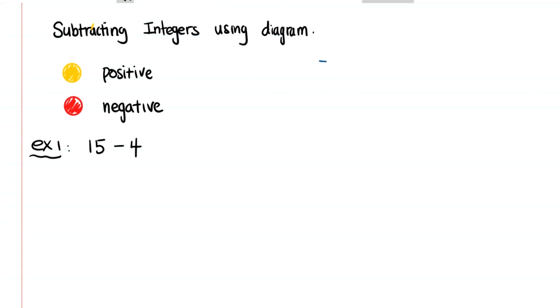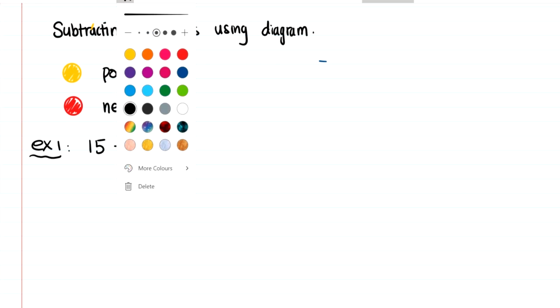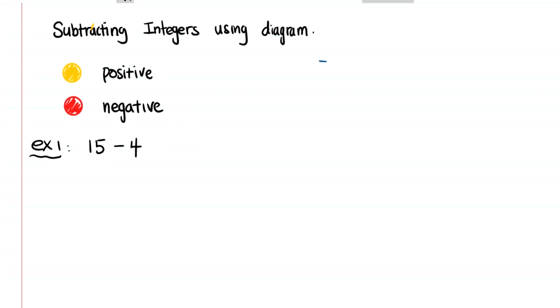So 15 is a positive number. There's no sign in front of the 15. So we're going to start by drawing 15 yellow counting chips. And then we're going to take away 4 yellow chips.